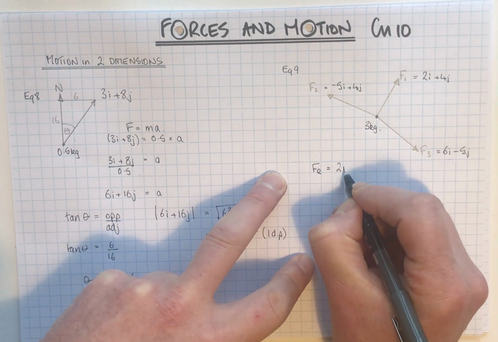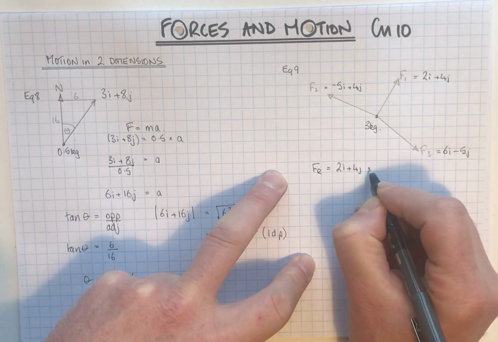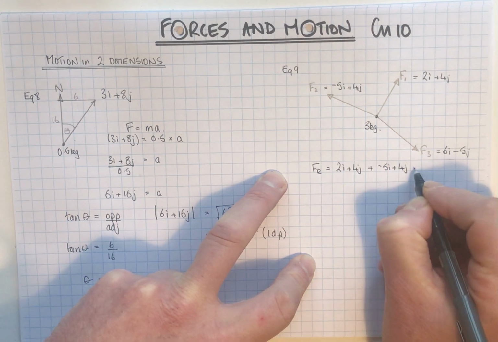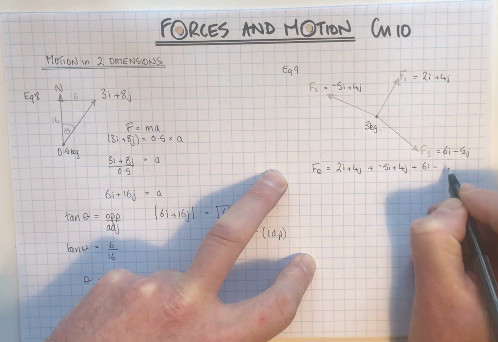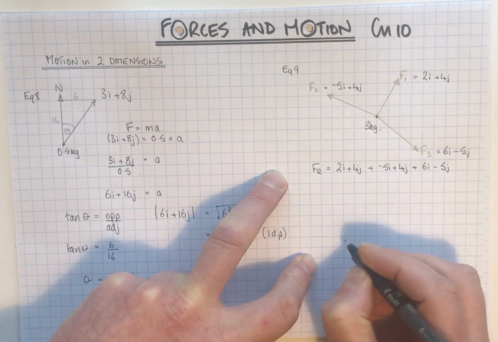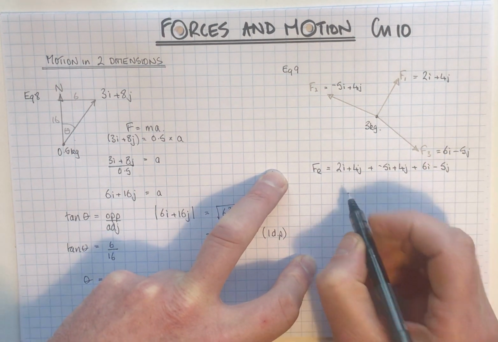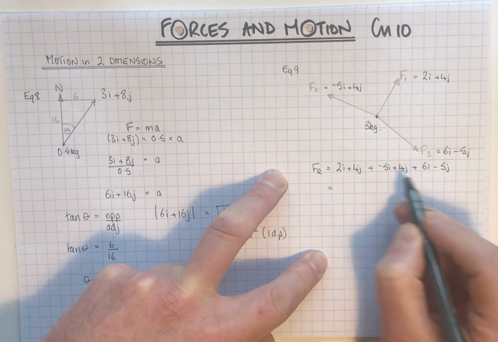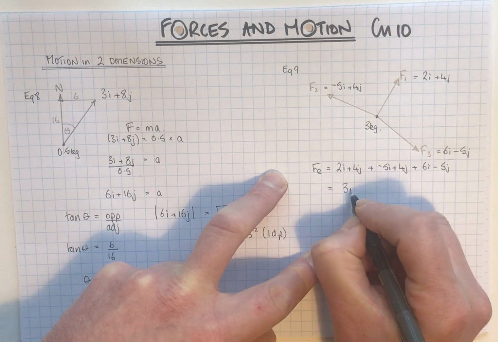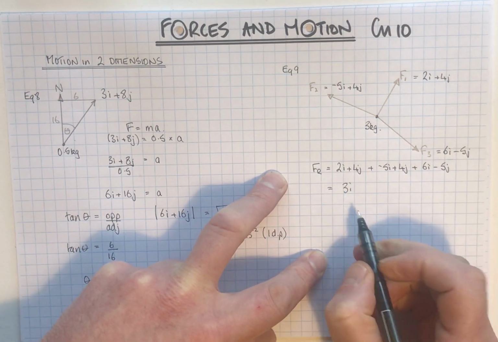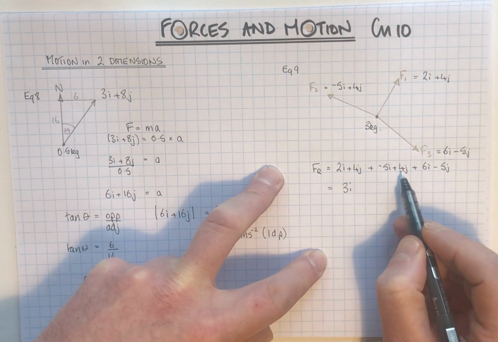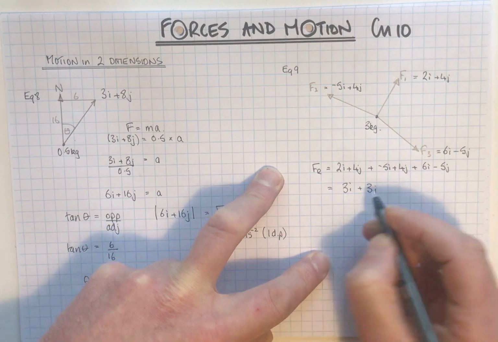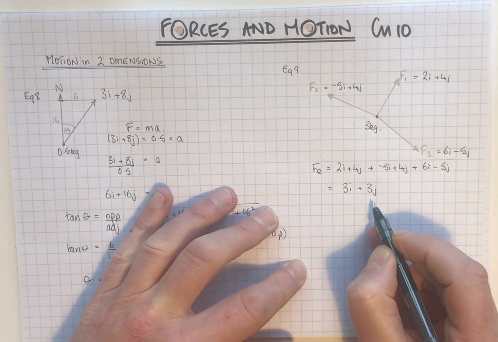So 2i plus 4j plus minus 5i plus 4j plus 6i minus 5j. So let's consider the i's first. 2 minus 5 is minus 3, plus 6 is 3, so 3i. Now consider the j's. 4j plus 4j, 8j, take 5j is 3j. So that is the resultant force.